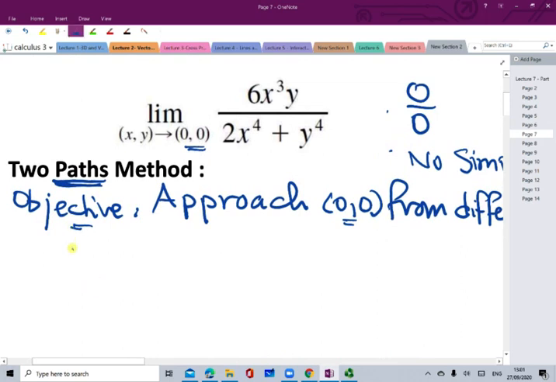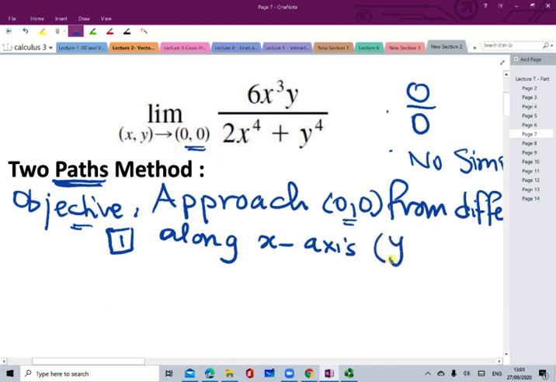So what paths could I take? Actually, there are infinite paths. I could select usually the simplest or the direct paths, say, along the x-axis, as if I'm approaching the point (0, 0) along the x-axis, as if the variable y is equal to 0.